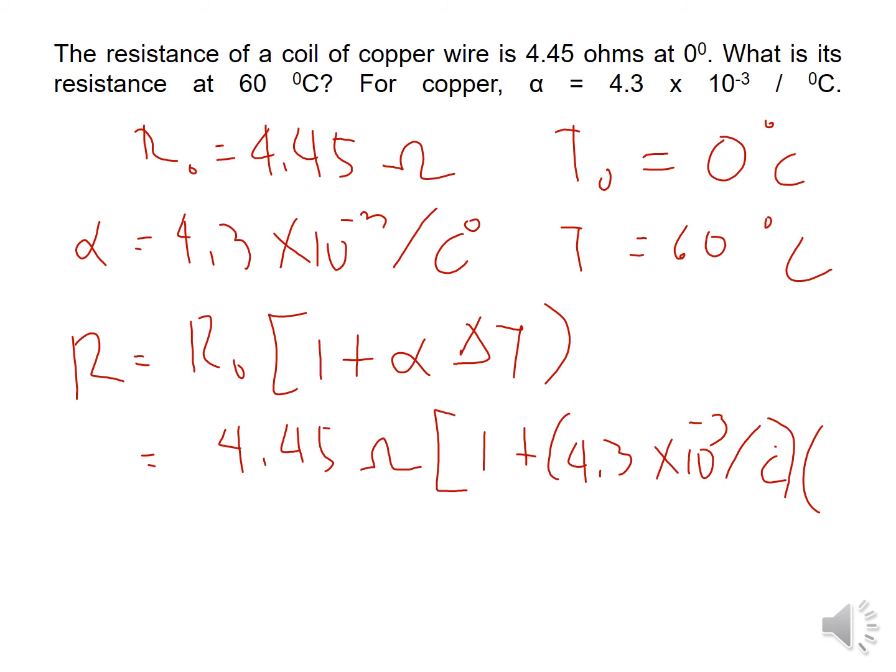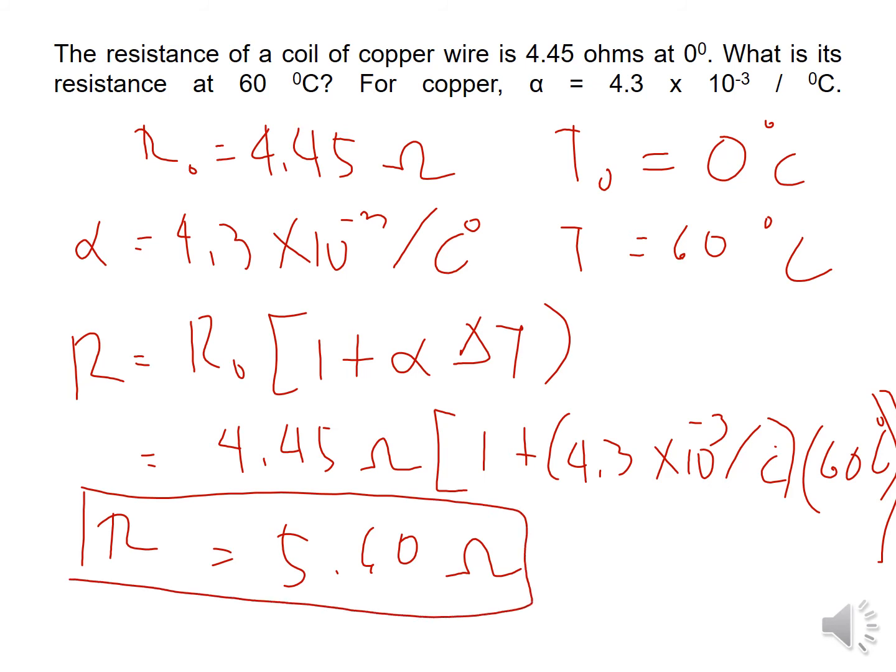Change in temperature is simply 60 minus 0, so we have 60 Celsius degrees. This is equal to 5.5981, or 5.60 ohms. So as you can see, if there is an increase in the temperature from 0 to 60, there will also be an increase in the resistance, 4.45 ohms to 5.60 ohms.